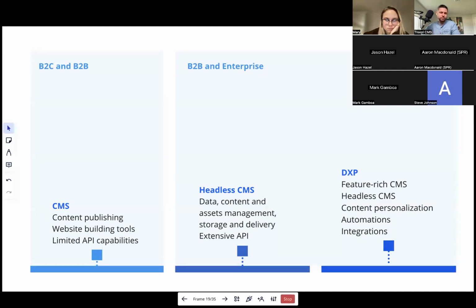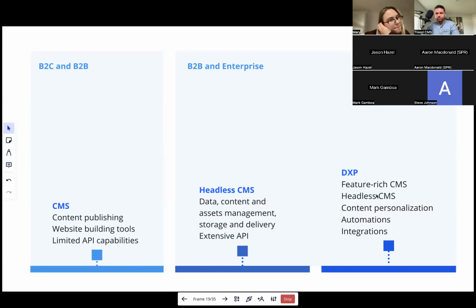You've probably seen one of those solutions when the BCOL happened and there were platforms available for my business catalyst partners. And DXP is a feature-rich CMS that has content publishing, website building tools, and very extensive API capabilities.